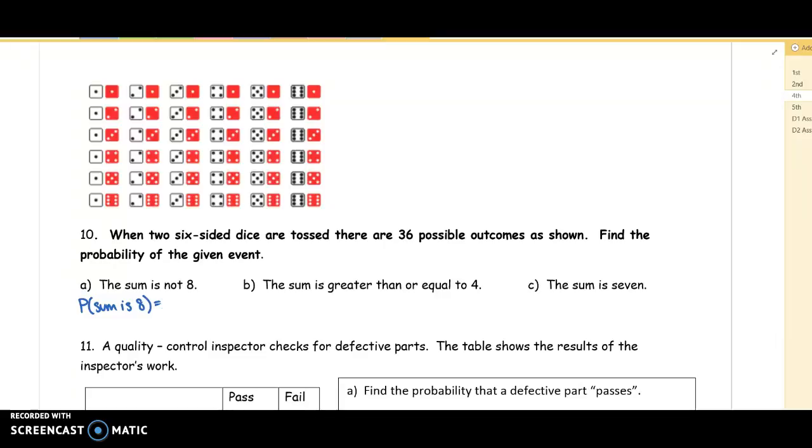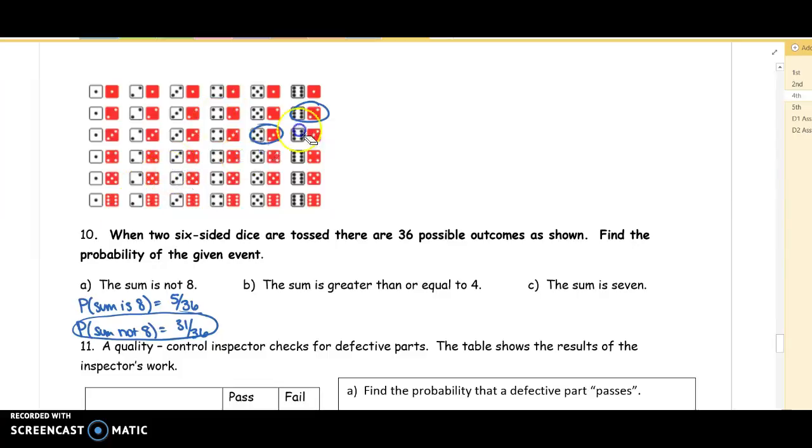So if I look here, 6, 7, 8, there's 8, 8, 8, 8, 8. There are 5 out of 36 where the sum is 8. So now subtract that from the total. What is 36 minus 5? 31. So the probability that the sum is not 8 is 31 out of 36. And that's what you're actually trying to find in that problem.